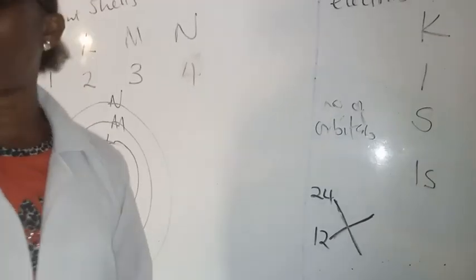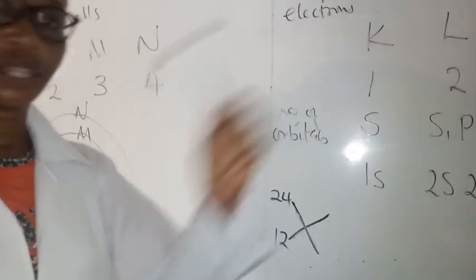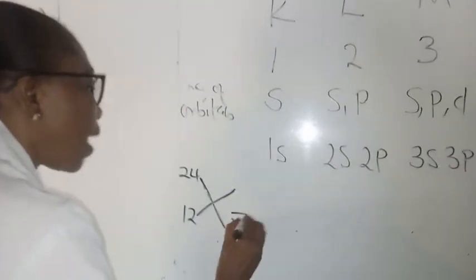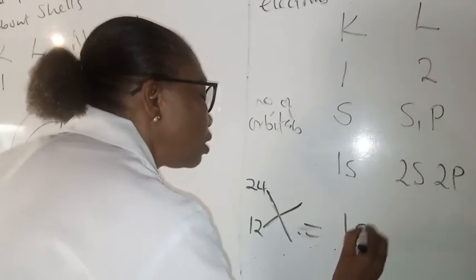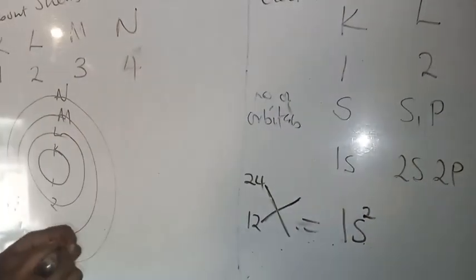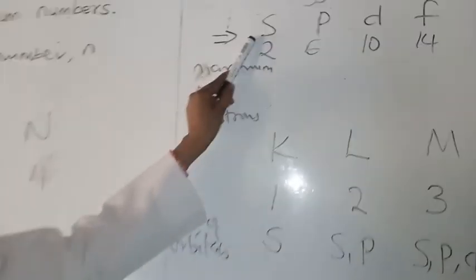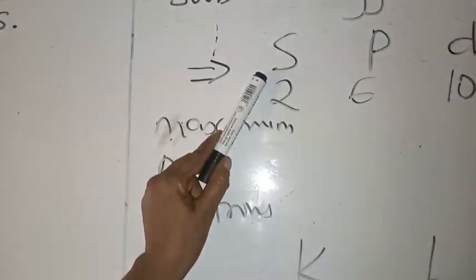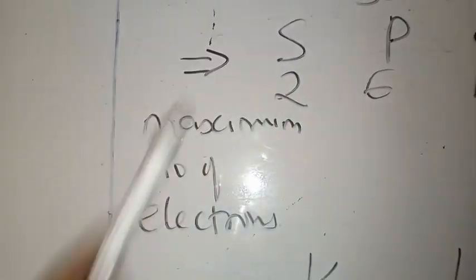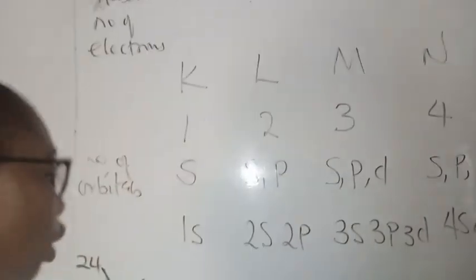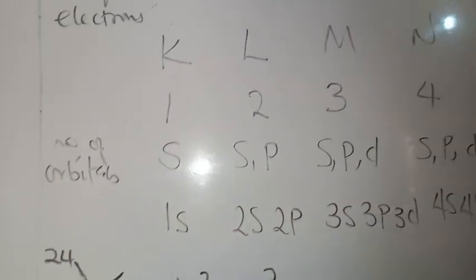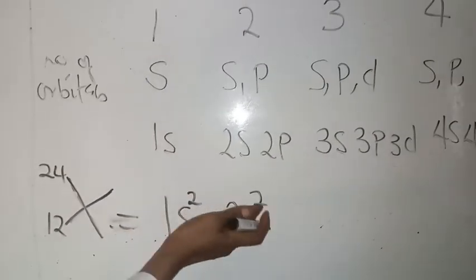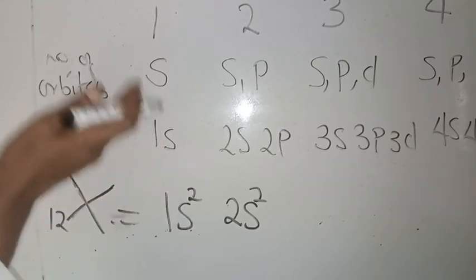Let's write the electronic configuration of X. 1s2. Don't forget that the maximum number of electrons in s orbital is 2. So we have 12 electrons, we fill in 2. Then we go to 2s, we fill in 2 again because it's an s orbital, and we have filled 4 electrons, remaining 8.